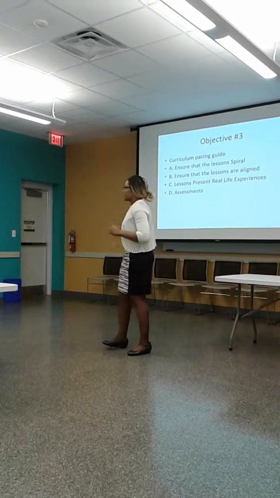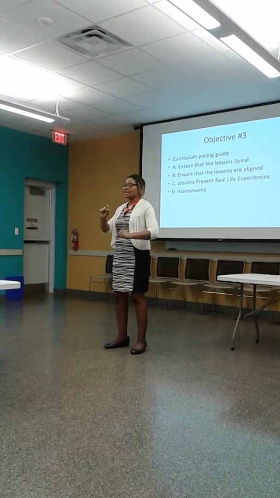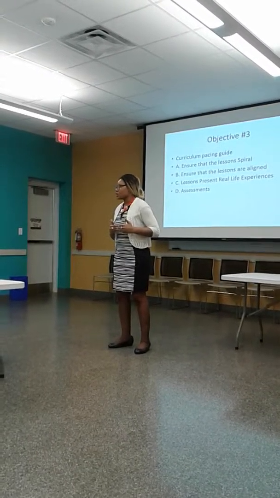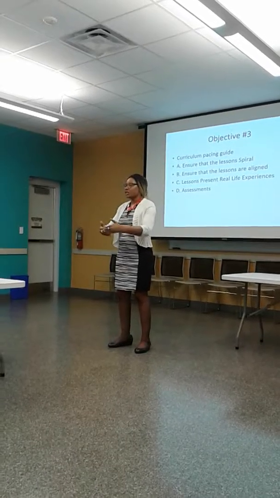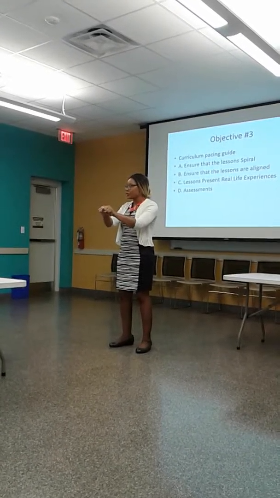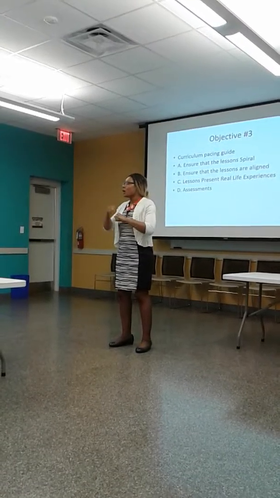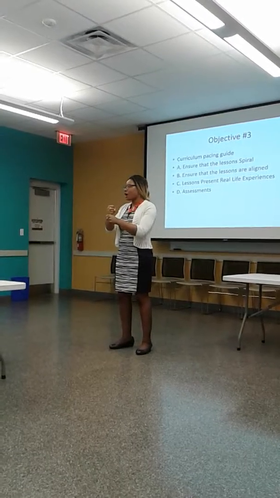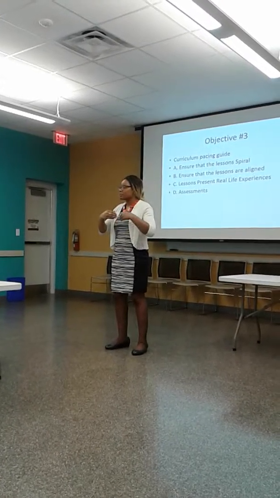We want to make sure that the lessons spiral. And spiraling means that if I teach inferencing this week, and then I'm teaching another concept next week, I need to be able to combine those two together so that the student can build on their previous knowledge and skills. Because all the TEKS and all the pacing guide is building. It's building on the knowledge.